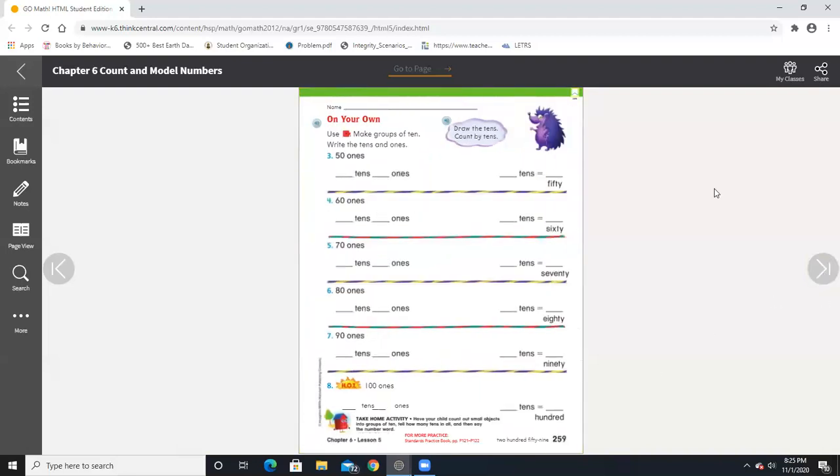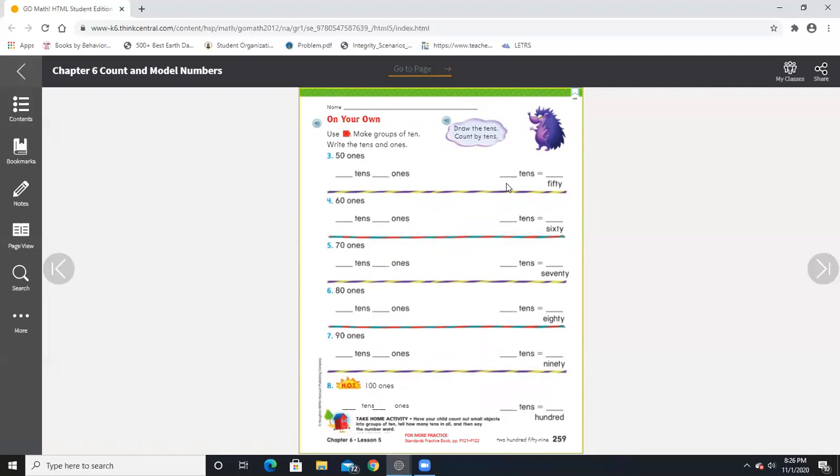All right, on your own, page 259, okay? You have 51s. So this might be a situation where you might want to draw your 10s and your 1s house to help you out because you don't have enough room to draw out exactly 50 cubes, okay? So you need to write how many 10s and how many 1s.